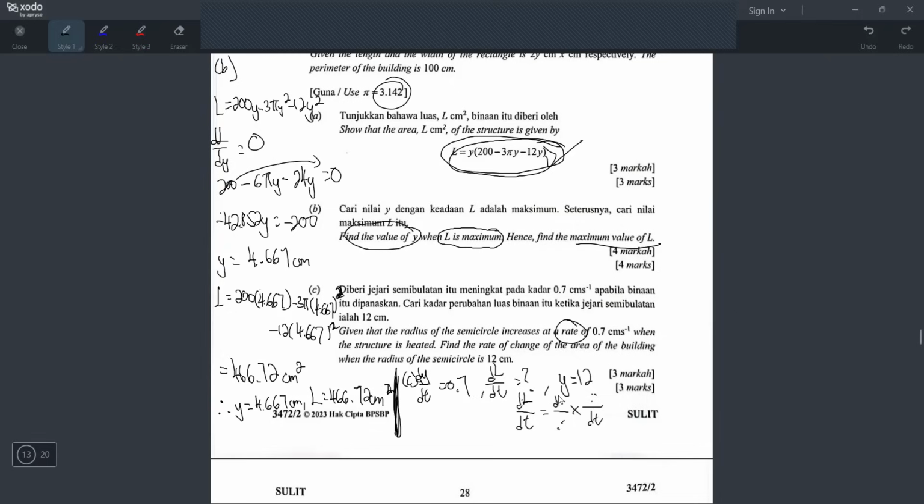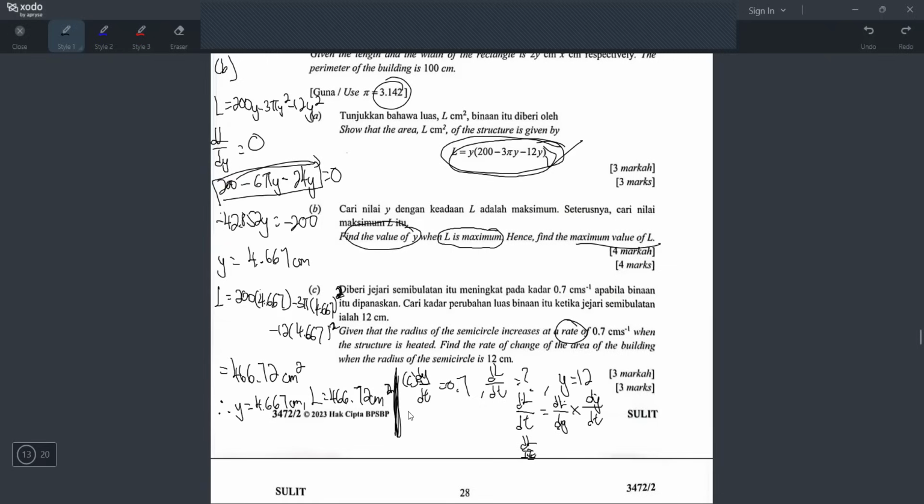Must be dL dy. Why? Because your equation just now is L in terms of y, right? So your dL dy is this one. But if you write dy dL, then you have to find dy dL already. It is actually possible, but you have to make it 1 over, like this. It means the whole thing is flipped. But don't make it difficult for yourself, just do it like that, that's enough. So dL dt you want to find at the end. This is your final answer.